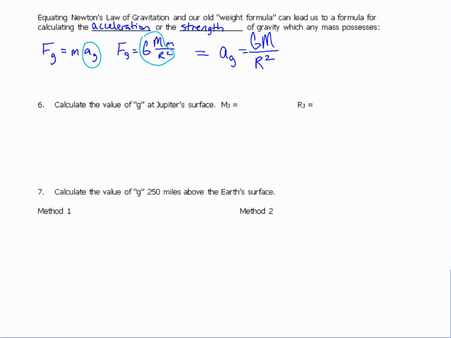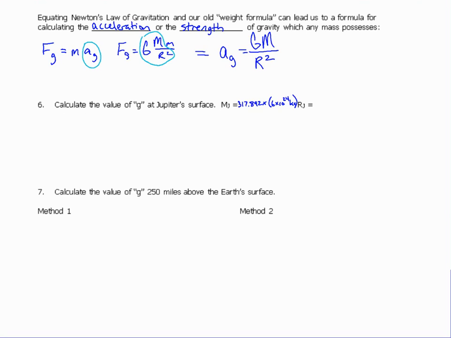And so we look at our sheet and it says 317.892 times the mass of the Earth, 6 times 10 to the 24th kilograms. So Jupiter is about 318 times more massive than the Earth.